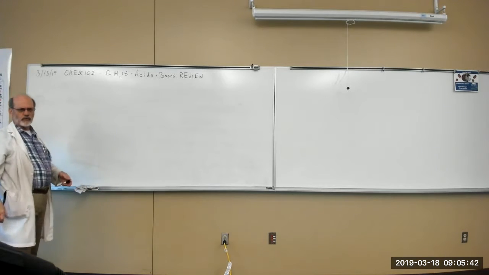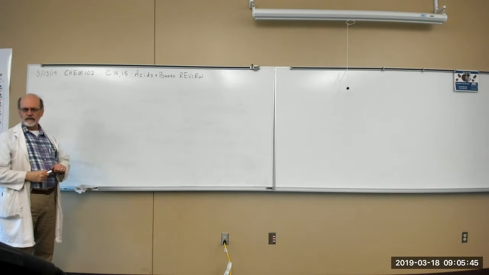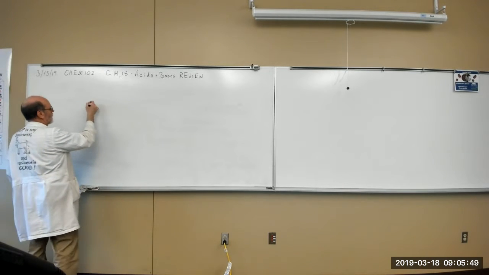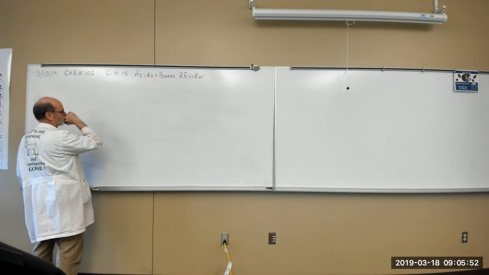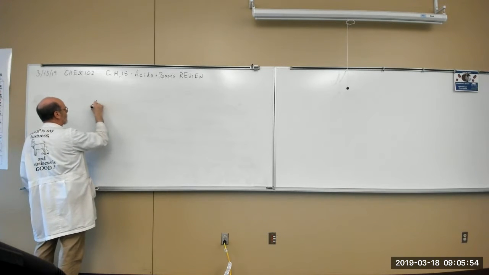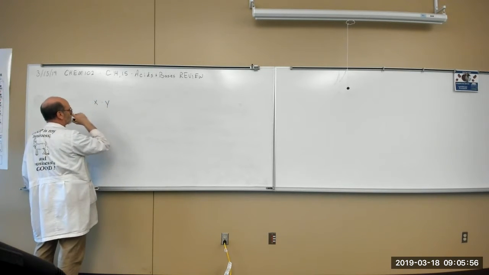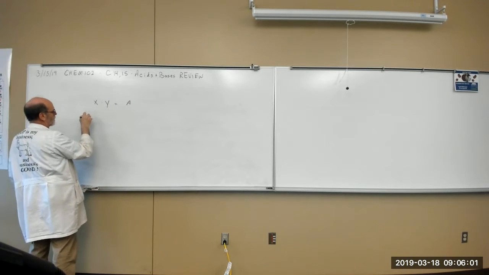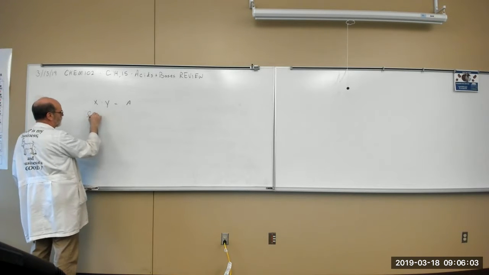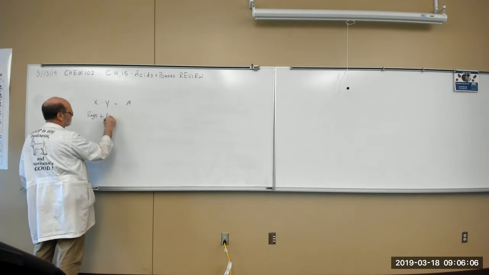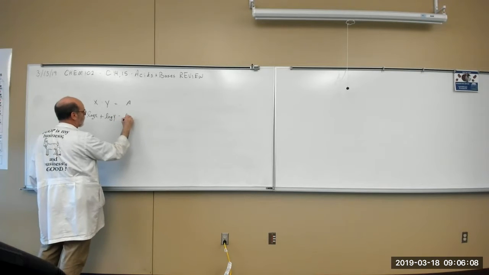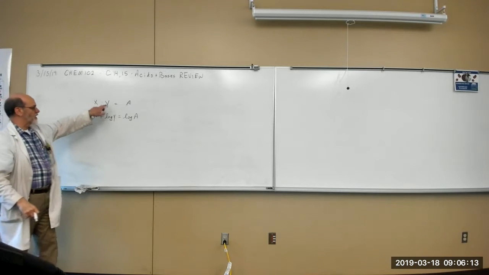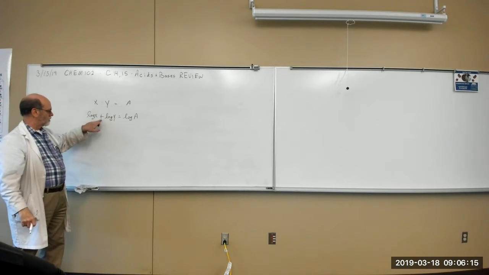There are some other rules for logarithms. For instance, the one that we use most often is: if x times y equals something, then the log of x plus the log of y equals the log of A. So when you've got a product here, the log makes it a summation.